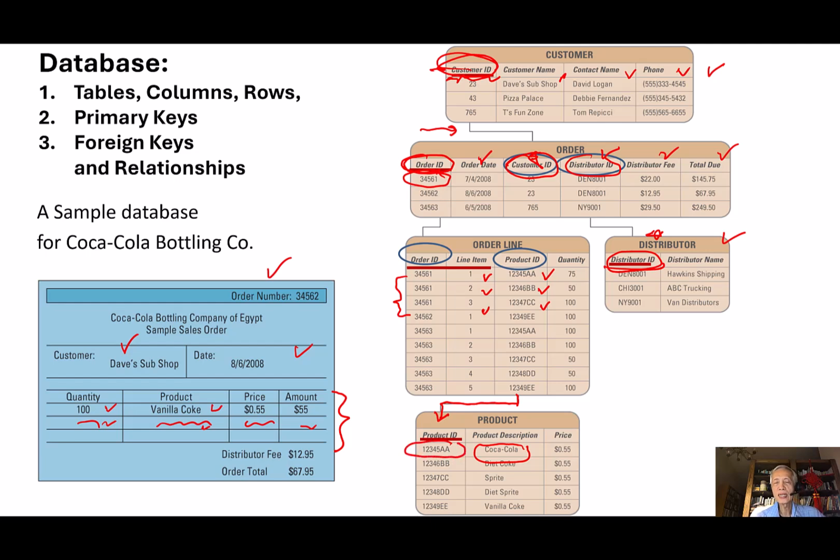I'll just call it AA for convenience. So just visually, we can come to this table and find out, okay, we have this order line, another order line here. These two order lines have this AA product, and they belong to these two orders.